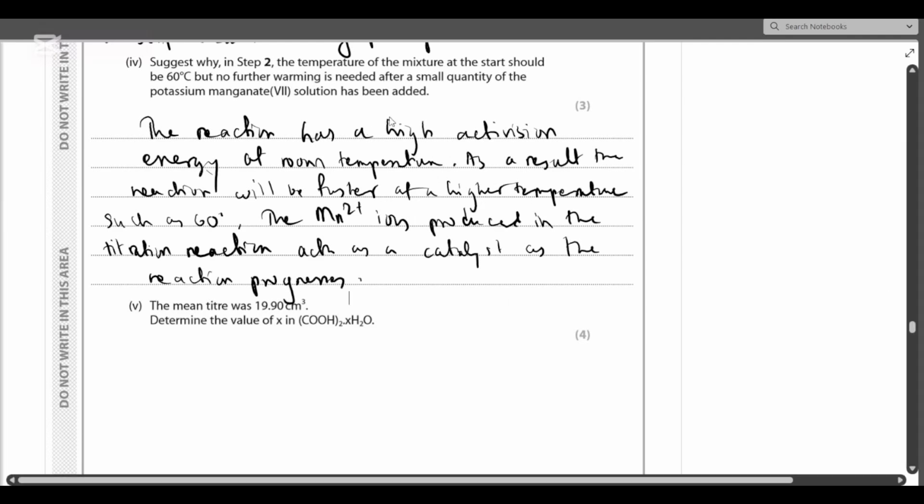The sole reason why lower activation energy is required and the reaction rate increases automatically.